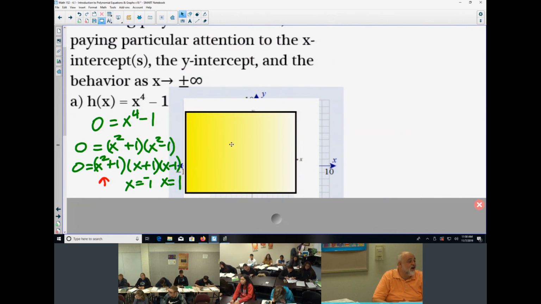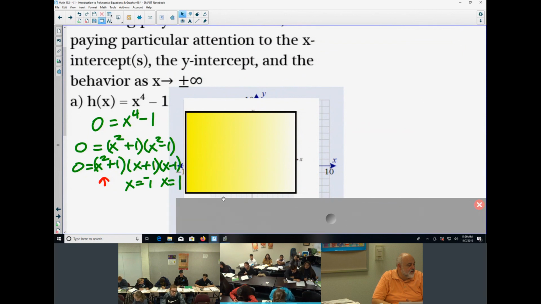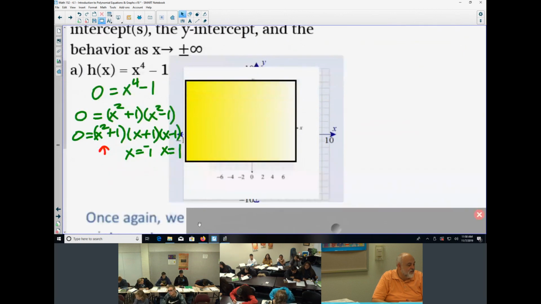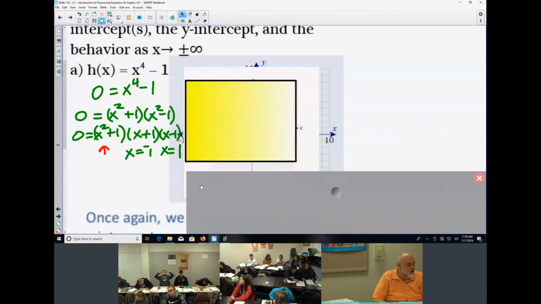Oh, and it also says the y-intercept. The y-intercept is easy because you just plug in 0 for x. And so you get the y-intercept will be what? Negative 1. Okay? So I want that point on there too. Okay?